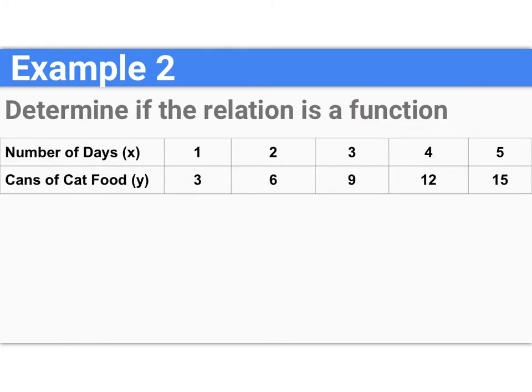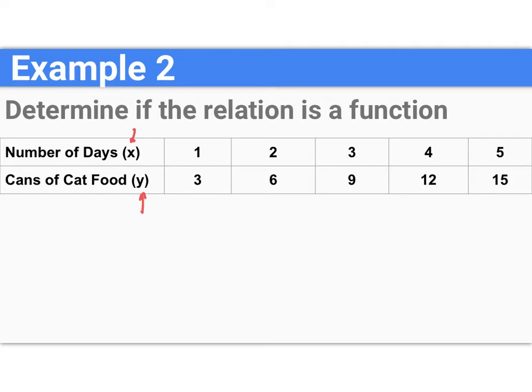Okay, determine if the relation is a function. The last table we looked at was vertical, with X on the left and Y on the right. When you have a horizontal table, your X is on top, your domain, your independent, your input, and your Y, your range, your dependent, your output, is on the bottom.